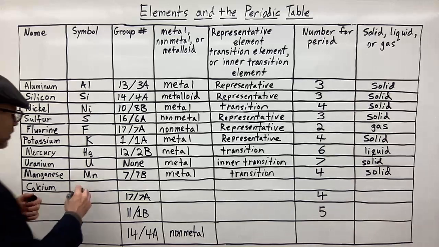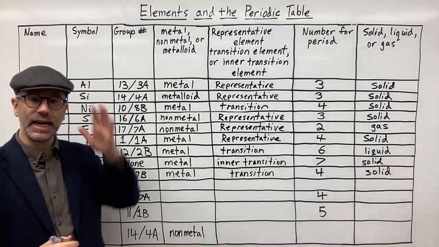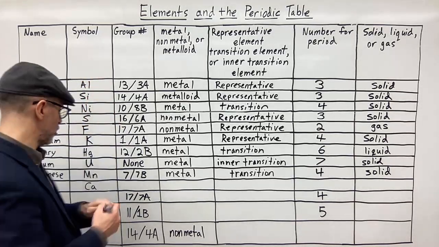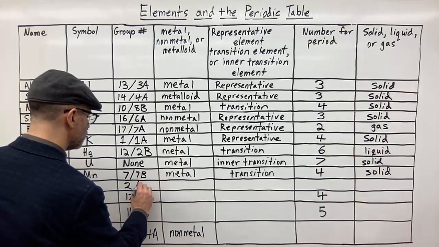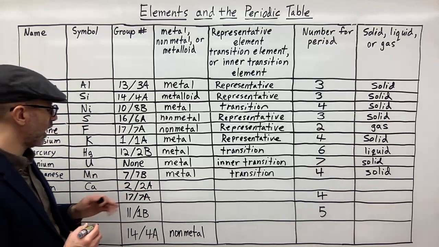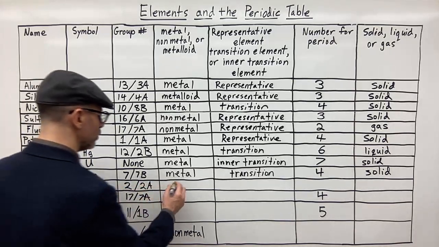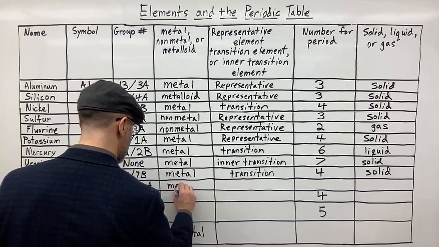Calcium. Calcium is Ca on the periodic table. It's in the 2nd group, so it's going to be group 2 according to the IUPAC, group 2A according to the old way of naming. It's going to be a metal since it's to the left of the metalloids.